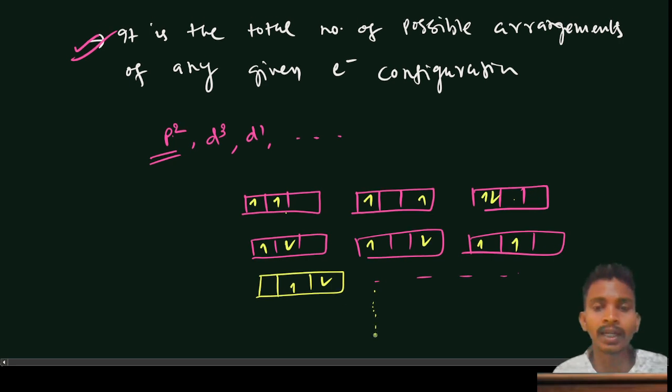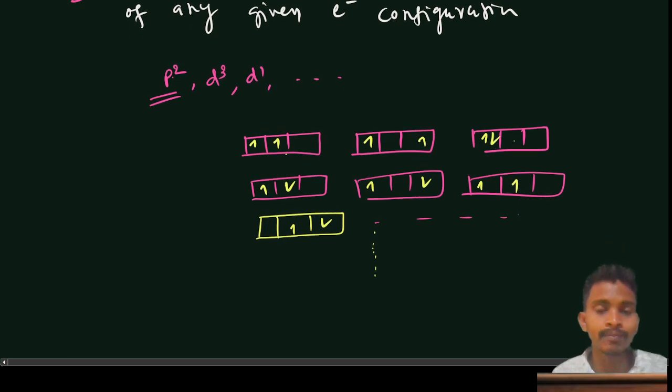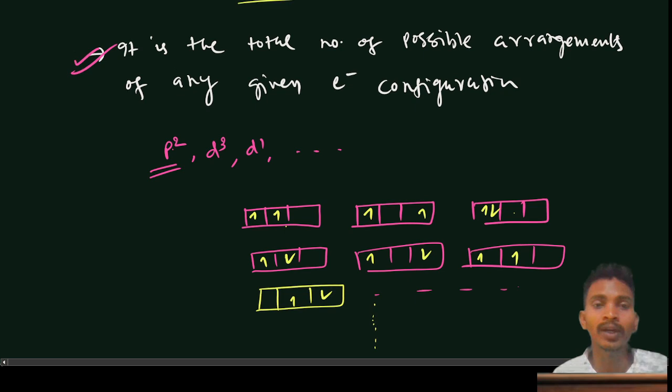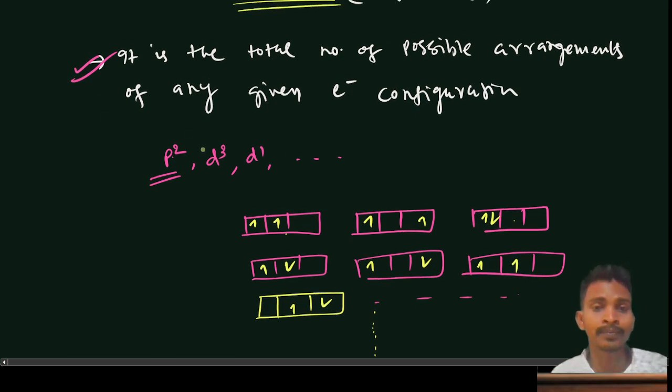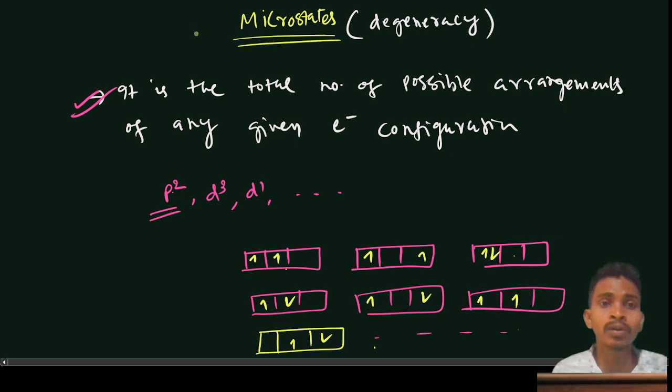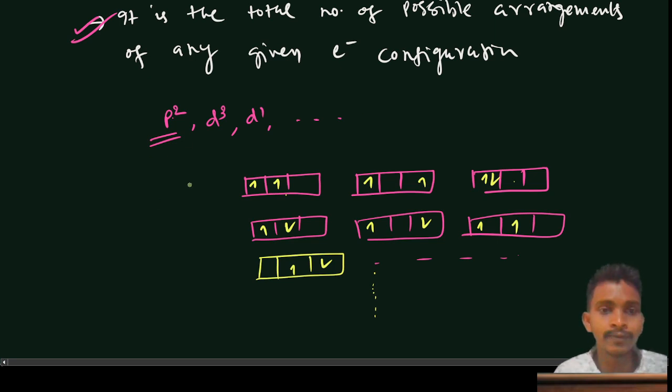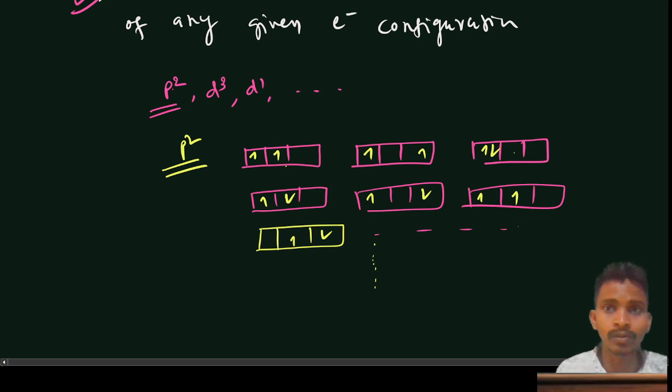Likewise, if we calculate like this, it will take a long time and we may not conclude with good results. So for that we have to apply some formulas to calculate the total number of arrangements possible. That total number of arrangements is called what? Microstates. Okay, so if it is p2, then the total number of microstates possible is 15.